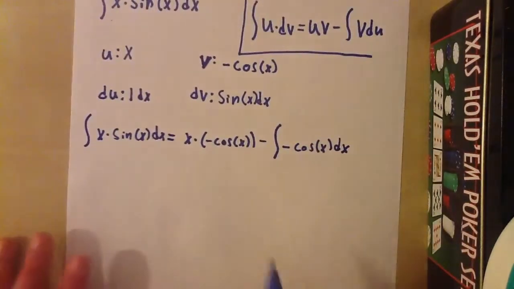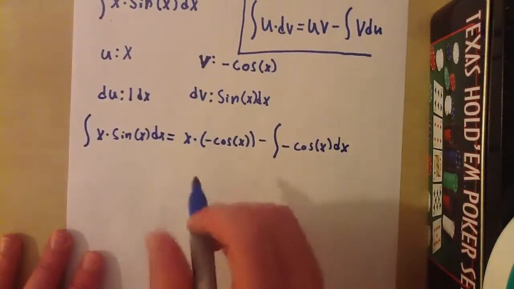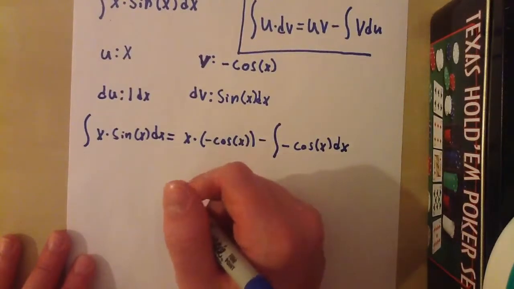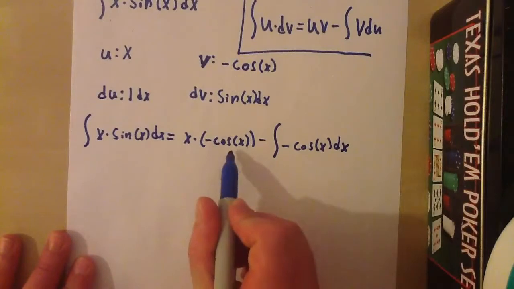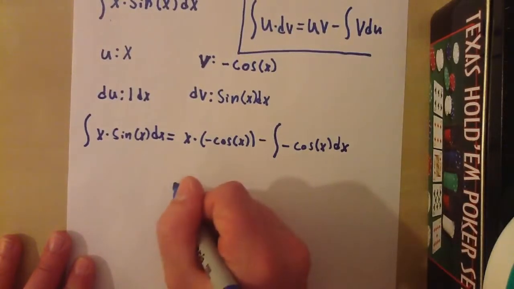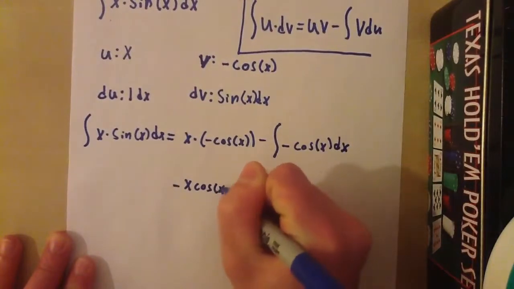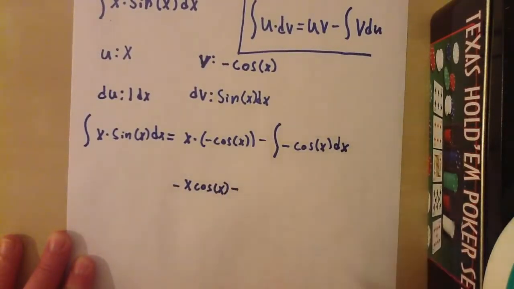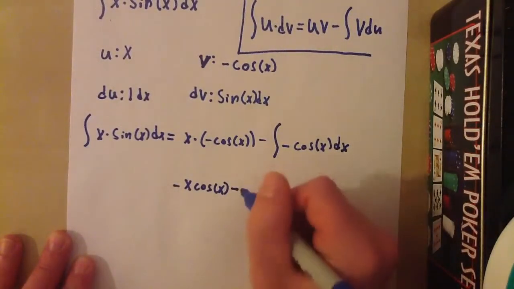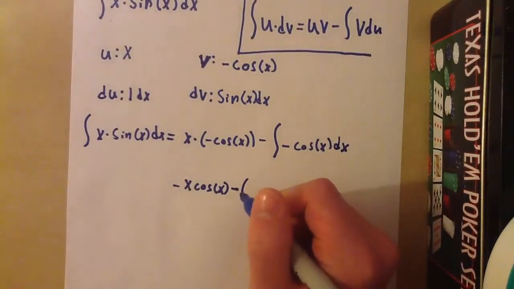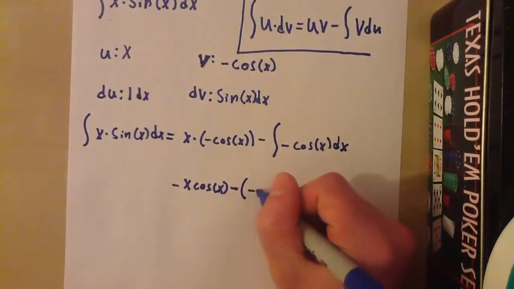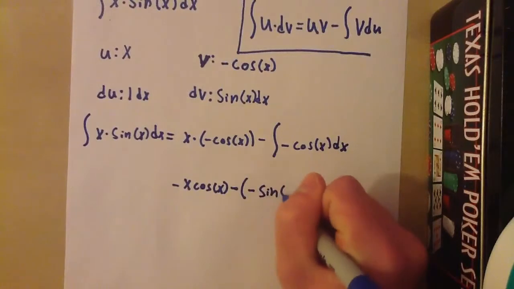And so we can keep on simplifying this question. So distribute the negative: negative x cosine x minus, and then the integral of negative cosine x is negative sine x.